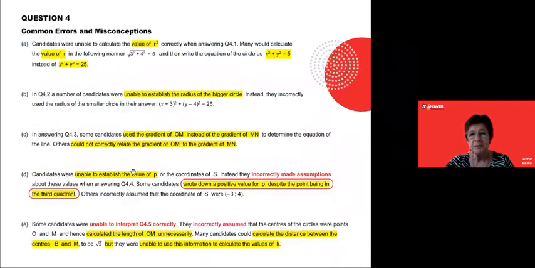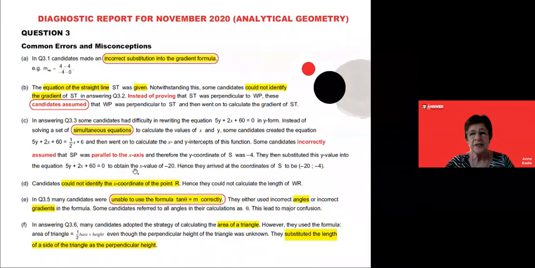The reason I might just pop into one or two little things is to justify some of the material that I will be sharing with you. Things like, as I said, incorrect substitution into the gradient formula. Assumptions: candidates make assumptions all the while, and particularly when they're asked to prove something, they actually assume that fact and don't read those words, prove that.